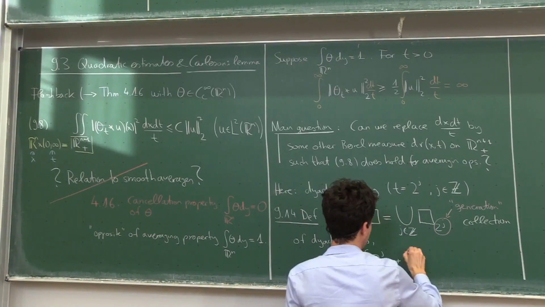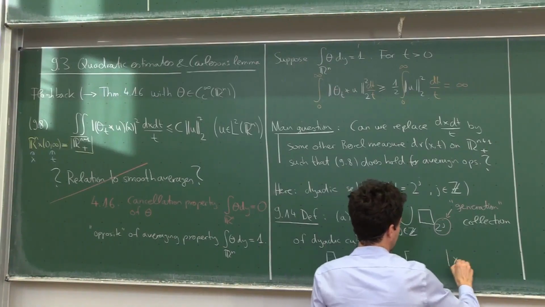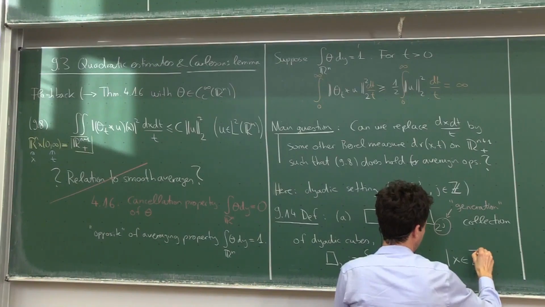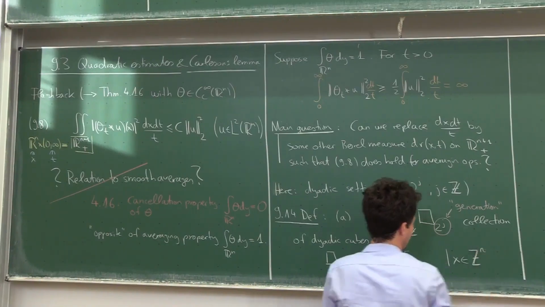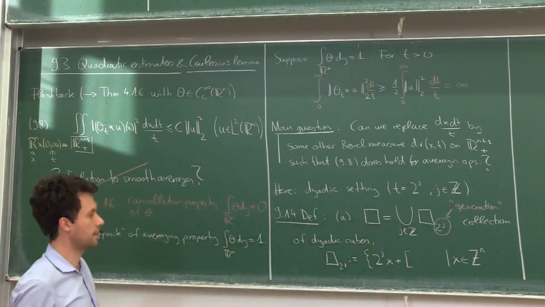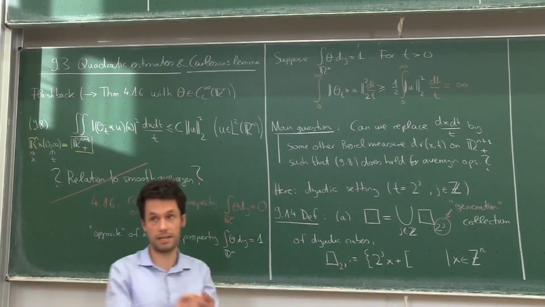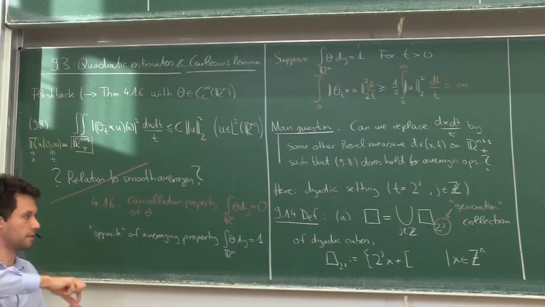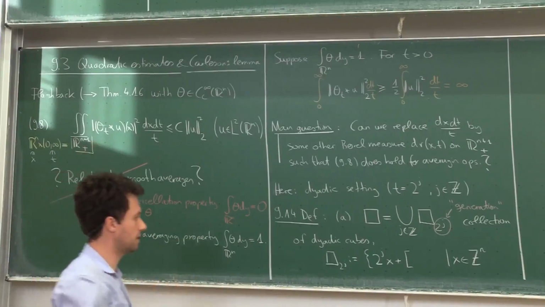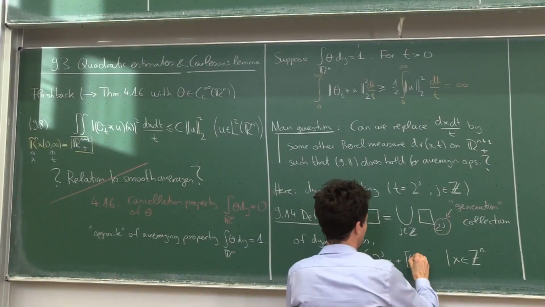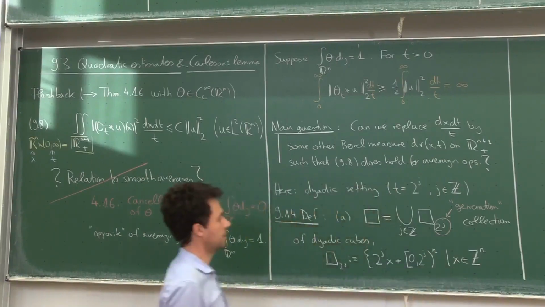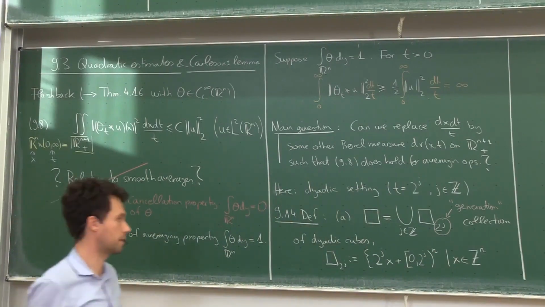You take a corner x in the integers to the n and multiply it by the scale. This gives you a mesh of points at distance 2 to the j in all coordinate directions, and then we make these cubes half open so that they form a partition of R to the n.